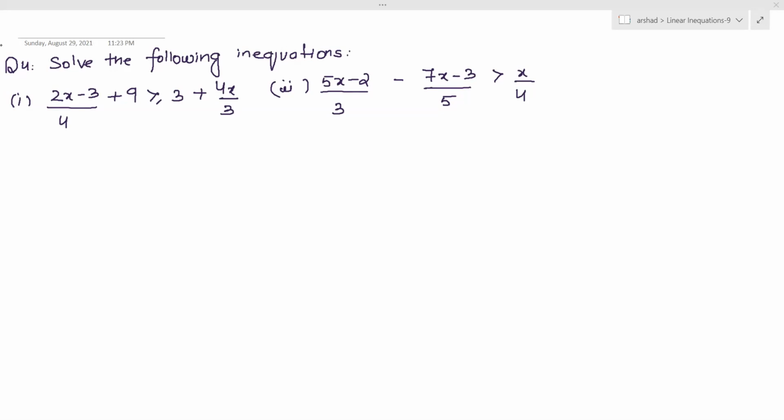Iqra, very good. Just there is a mistake in the sign. Answer is correct. There is a sign mistake. This should be positive. Iqra, good. I'm sorry, I just missed this. X is not greater than, X is less than equal to 63/10.